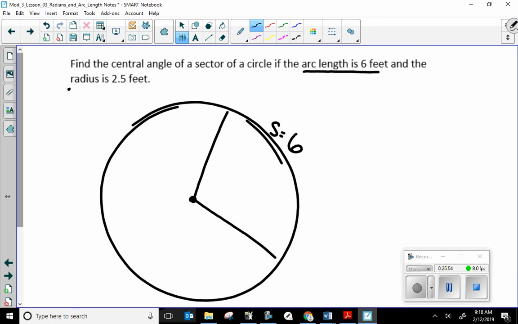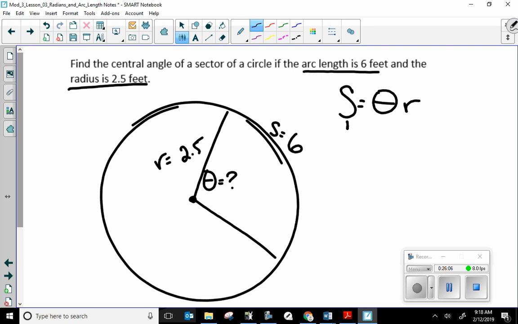The radius is 2.5, my R. They want me to find the angle. I still use my equation, but this time I have my S and my R. It's still a one-step solution.